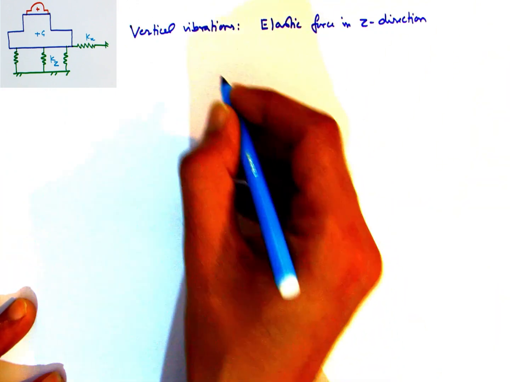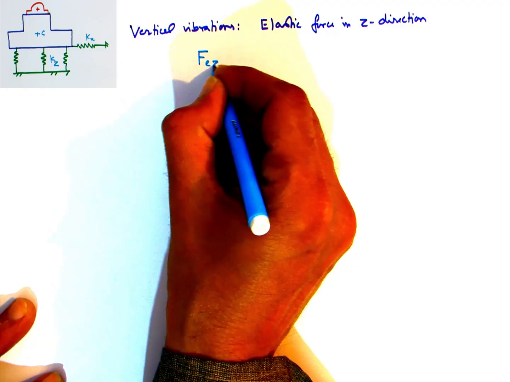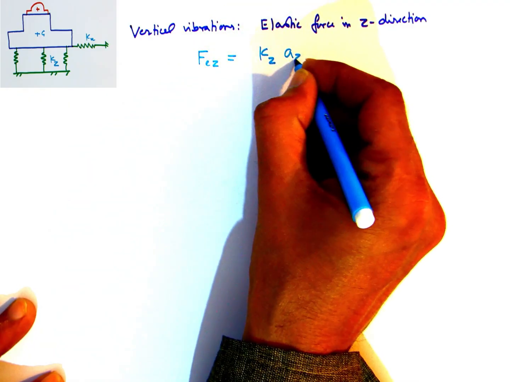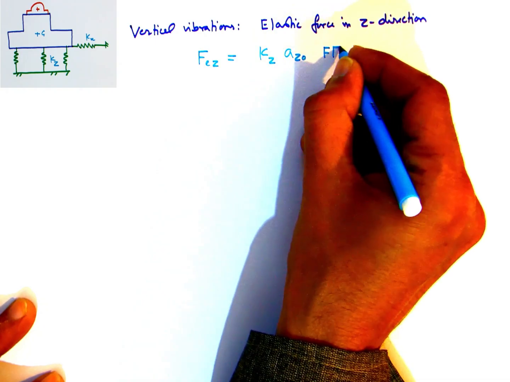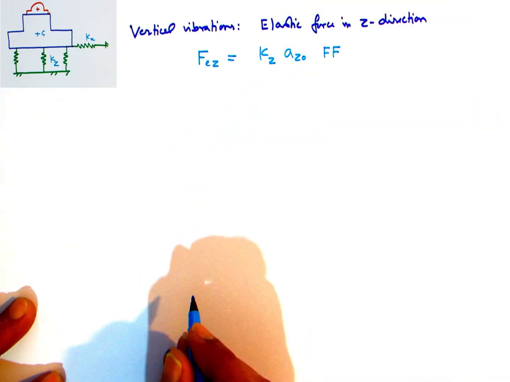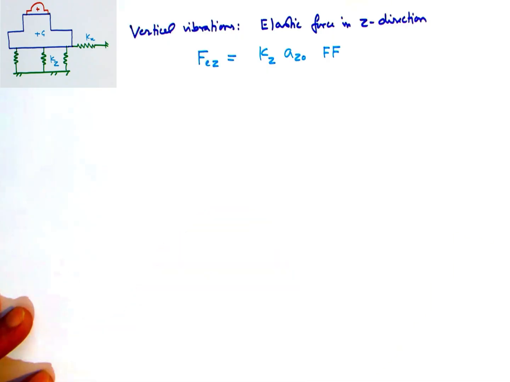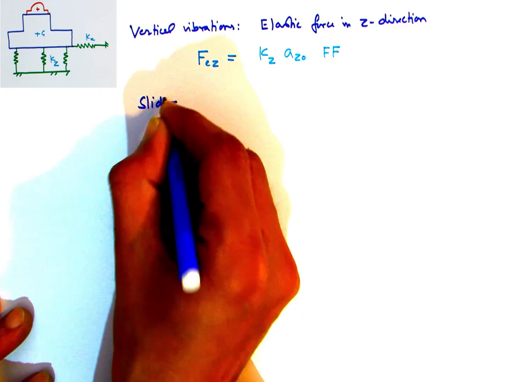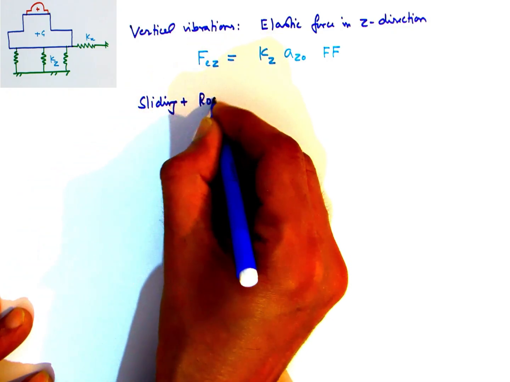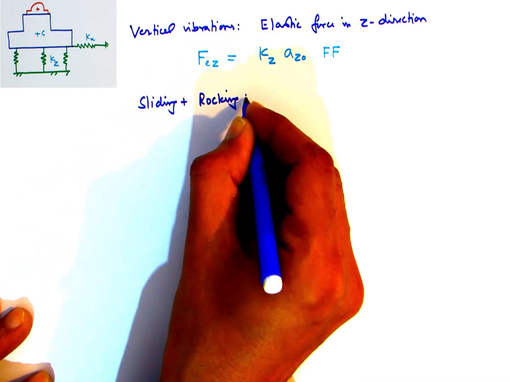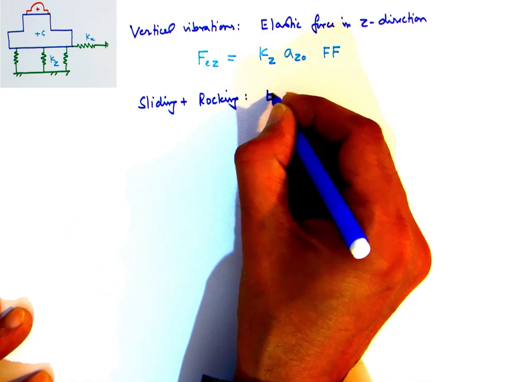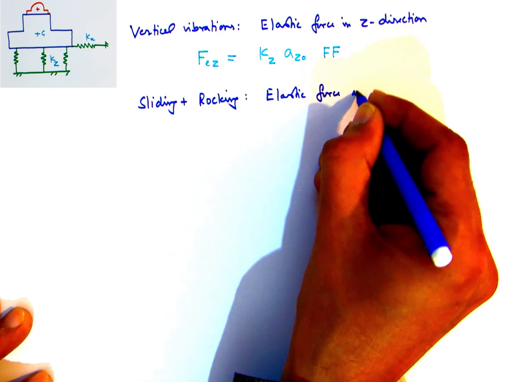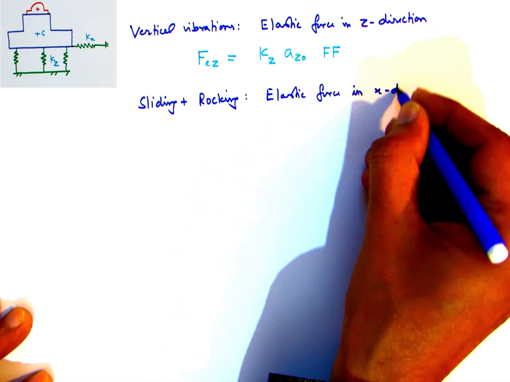So the elastic forces in the z direction represented by Fez, where we are using the subscript E for elastic and Z to mean that they are in the vertical direction, are given by the product of Kz, the spring stiffness in the vertical direction, and the displacement amplitude Az0. In addition, the force is multiplied by the fatigue factor equal to 3 to take into account the fatigue effects.